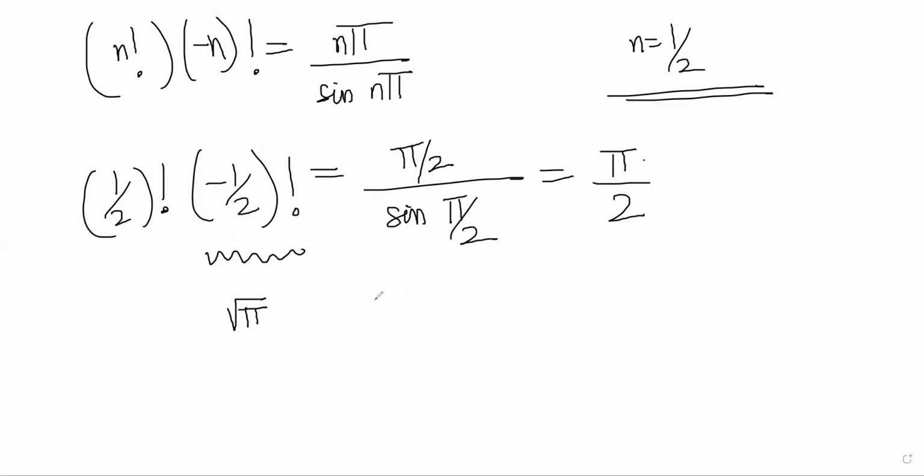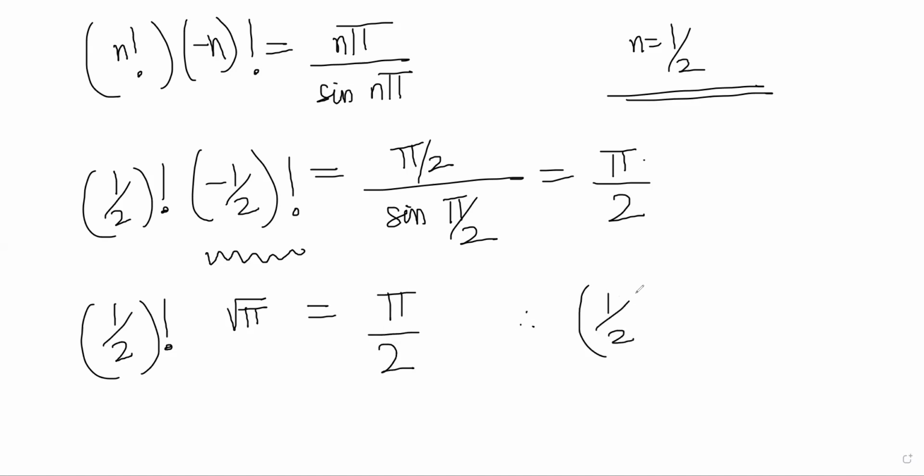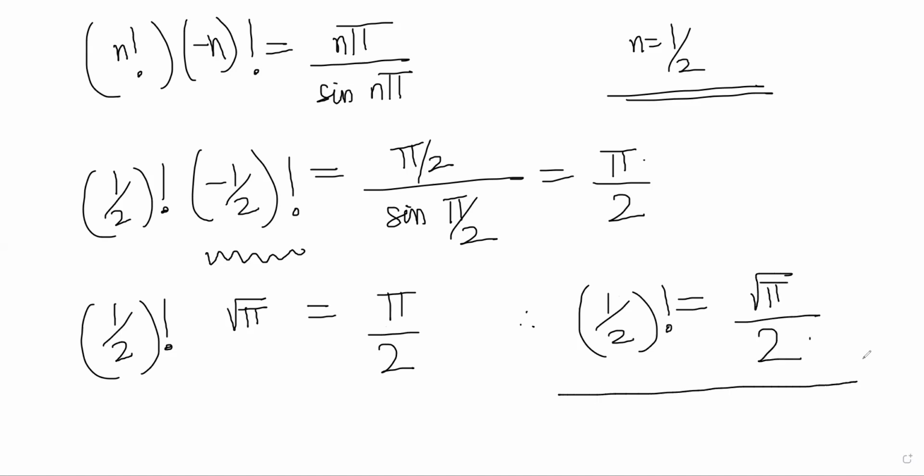We had derived that as root pi earlier in the video. So we have half factorial is equal to root pi into pi by 2. Therefore, half factorial is coming as root pi by 2. So we are able to derive half factorial, and things like this, using this formula.